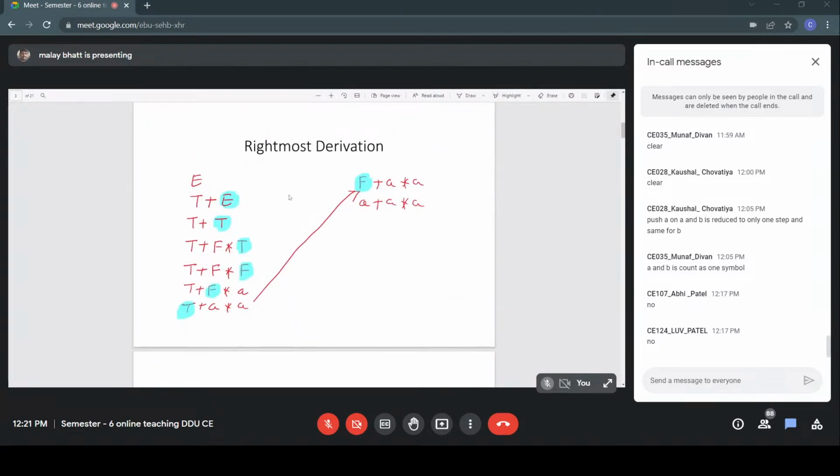Similarly, if we write a rightmost derivation, then E is converted to T plus E. Now we are focusing on the rightmost non-terminal.